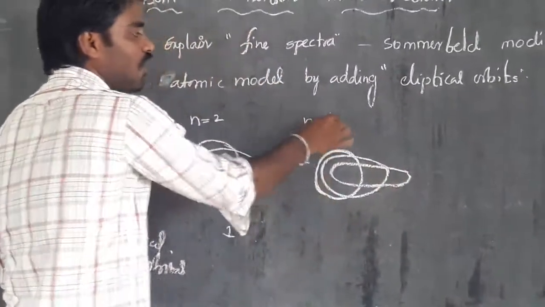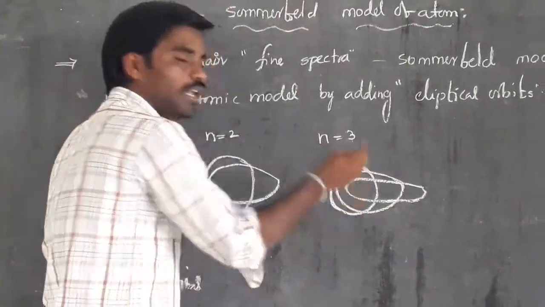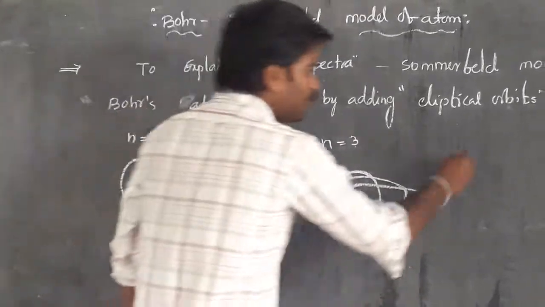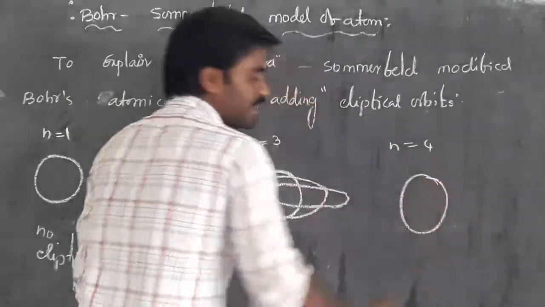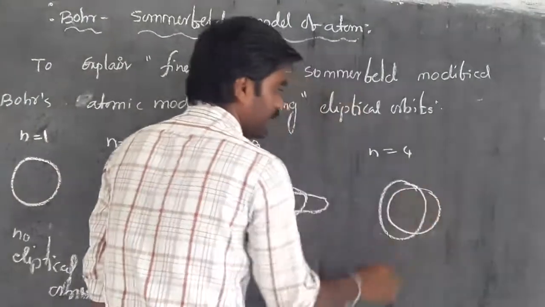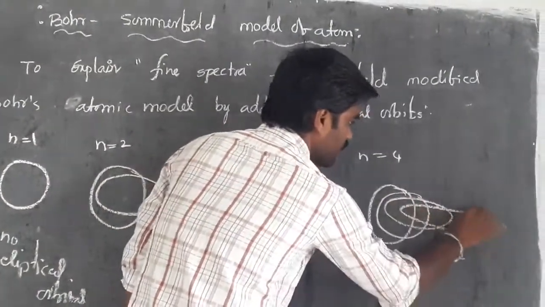Means for the third Bohr orbit, it has two elliptical orbits, but the second has only one. If you take n is equal to 4, it has a first orbit like this, a second, a third, and a fourth.